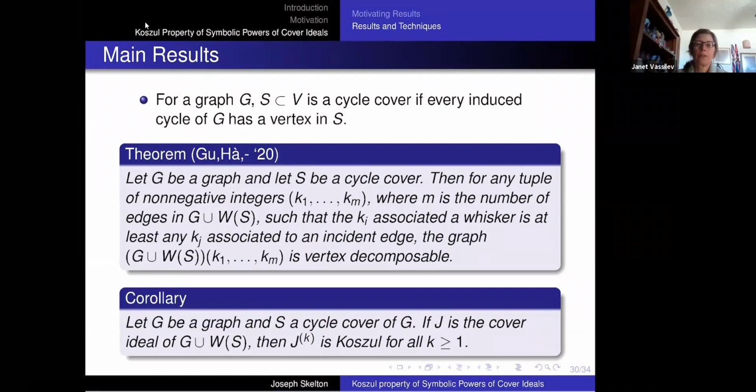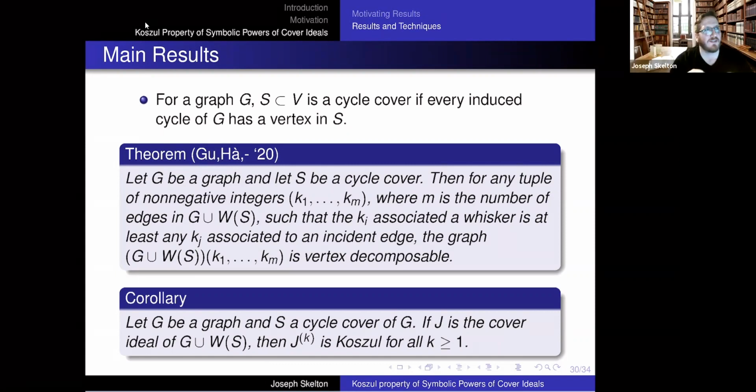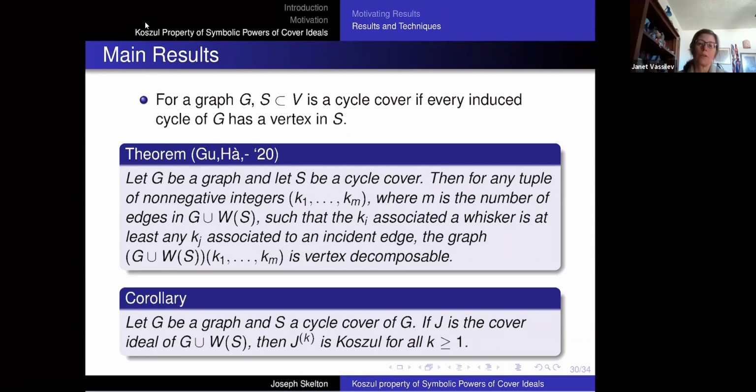For simplicial complexes, what would be the analog of whiskering? Would you be putting on a facet of a certain dimension? I just want to have an idea. What would you use instead of whiskering?